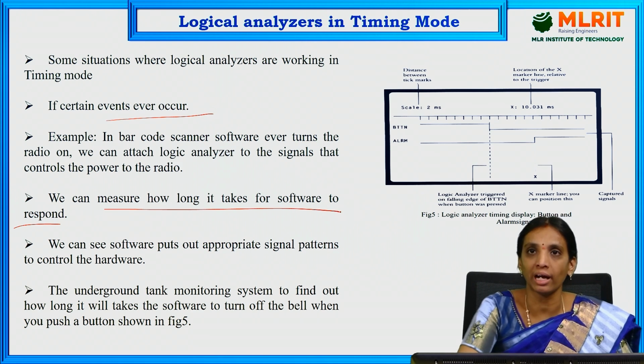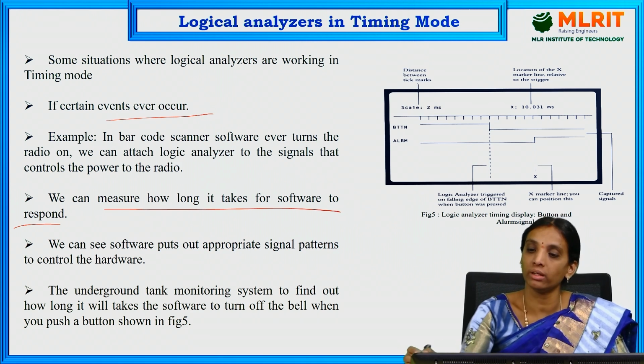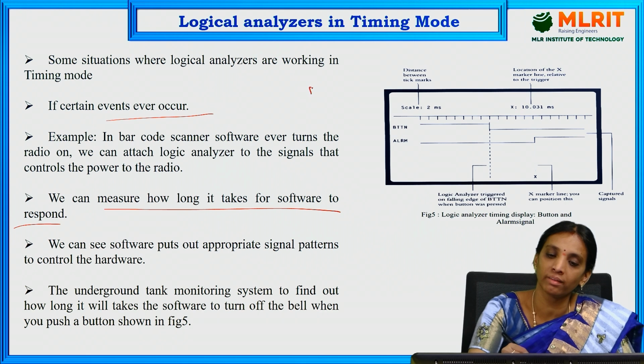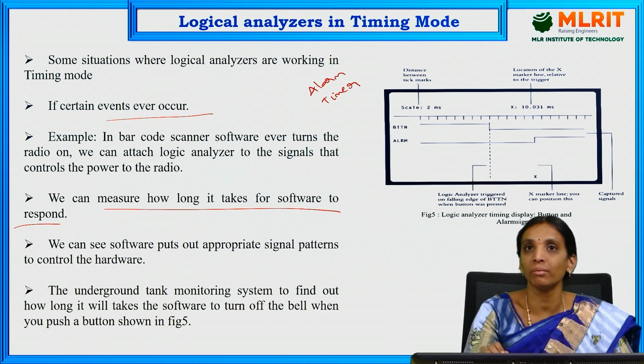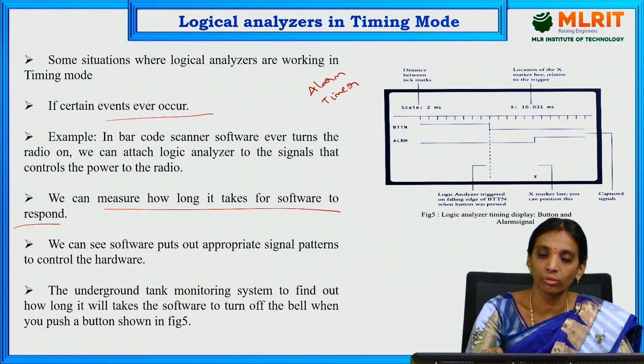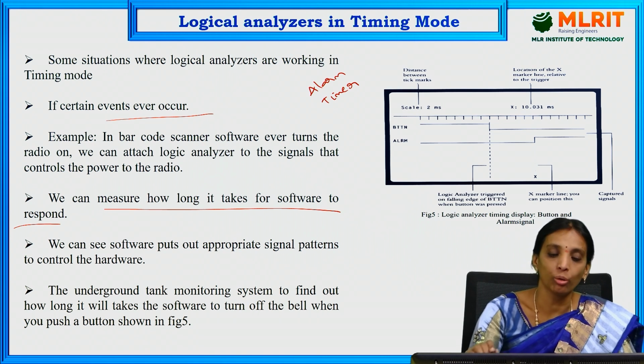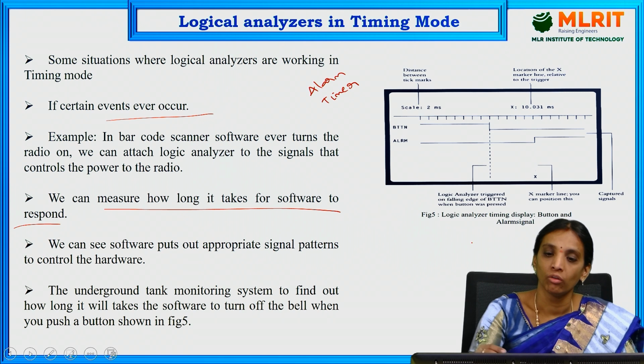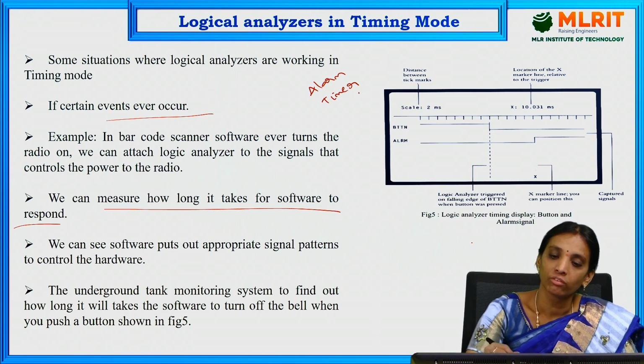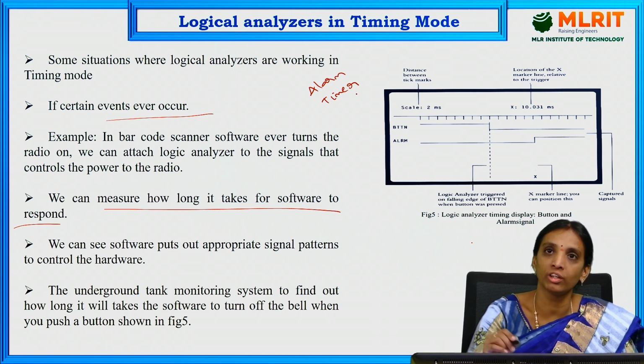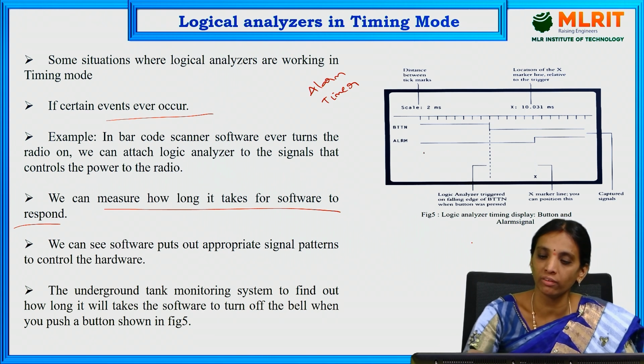So here in timing mode, this logic analyzer can be used as an alarm or timer, so that it can easily measure the time required for the software to respond. After connecting to the circuit, how much time it will take for the processor to respond will be displayed in the logic analyzer in this way.